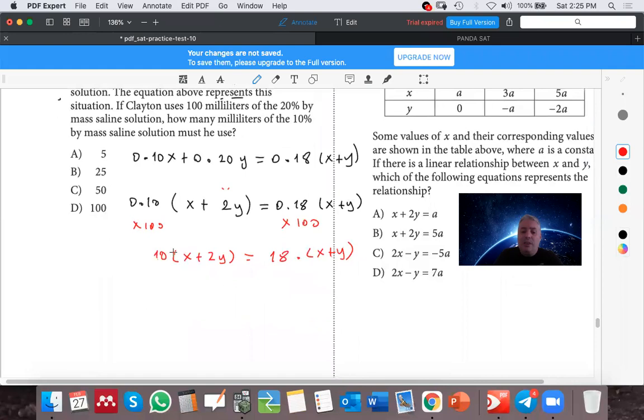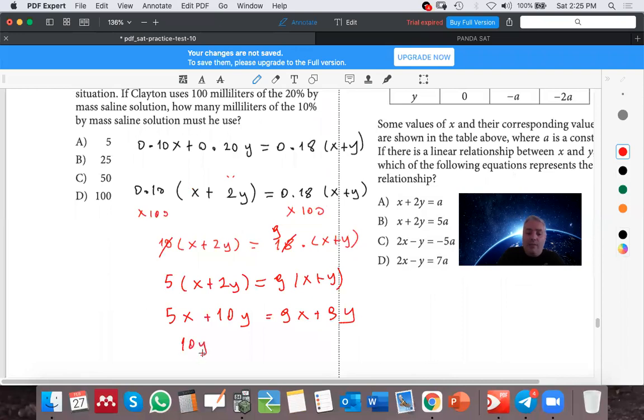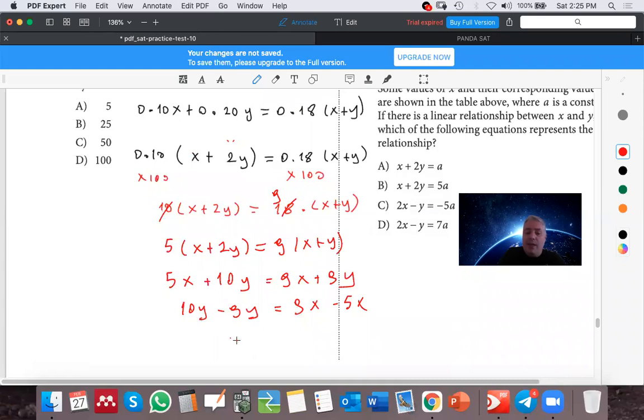And then one more step, dividing by 2, it will be 5x plus 10y is equal to 9x plus 9y. So 10y minus 9y is equal to 9x minus 5x. So 10y minus y, just y, is equal to 4x.